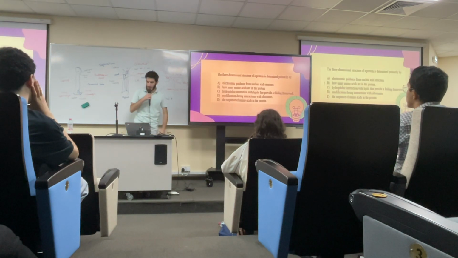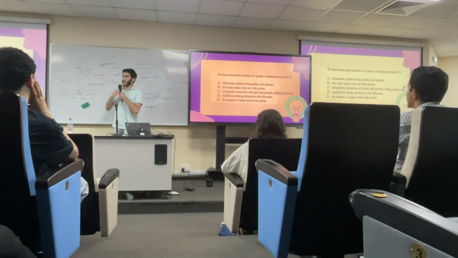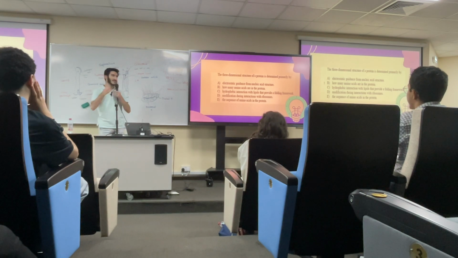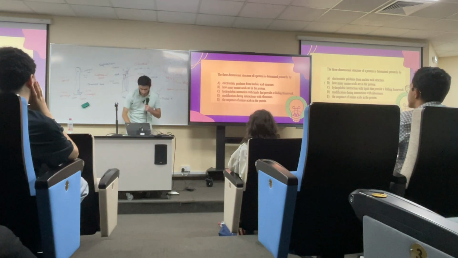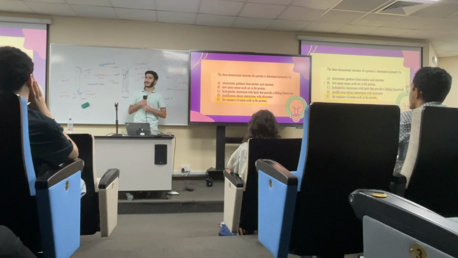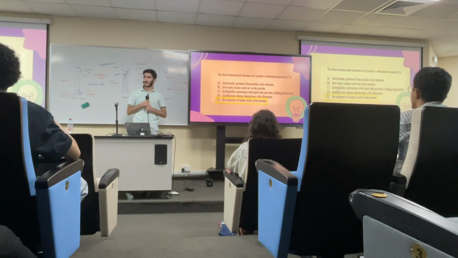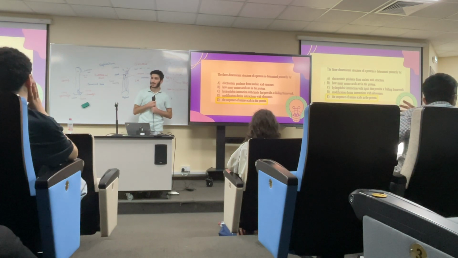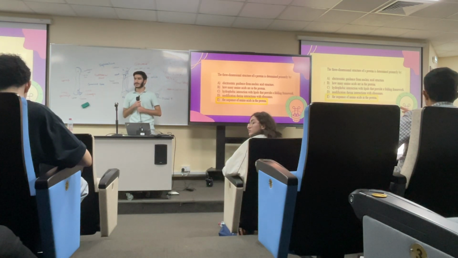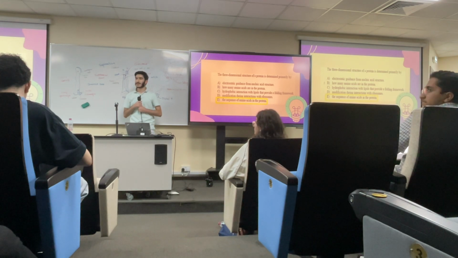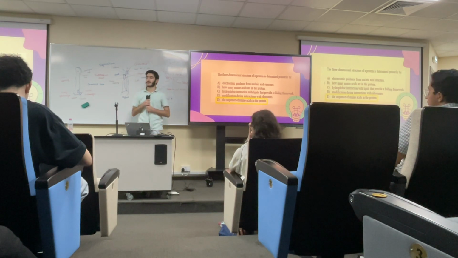Okay, so the next question. The three-dimensional structure of protein, what decides it? That is correct. Yes, can you explain, please? Some are polar or non-polar, and acid and base. So it's depending on the hydrogen bonds they form.